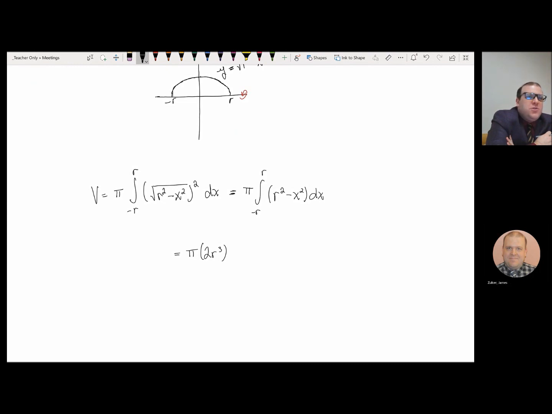That first piece is just going to be 2r cubed. Right, then that second piece is minus a third x cubed, then of course times pi, and then evaluate that minus r to r.